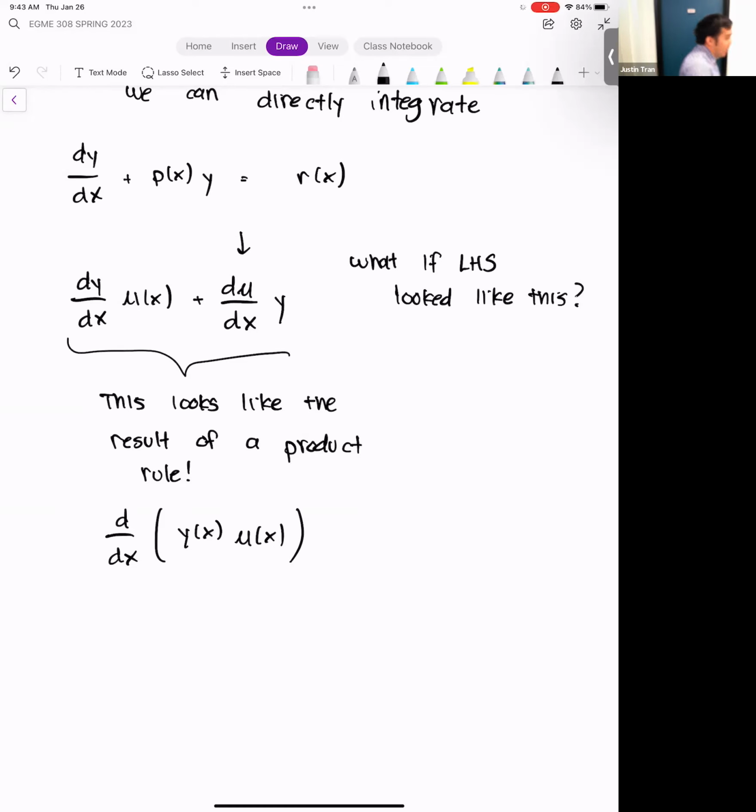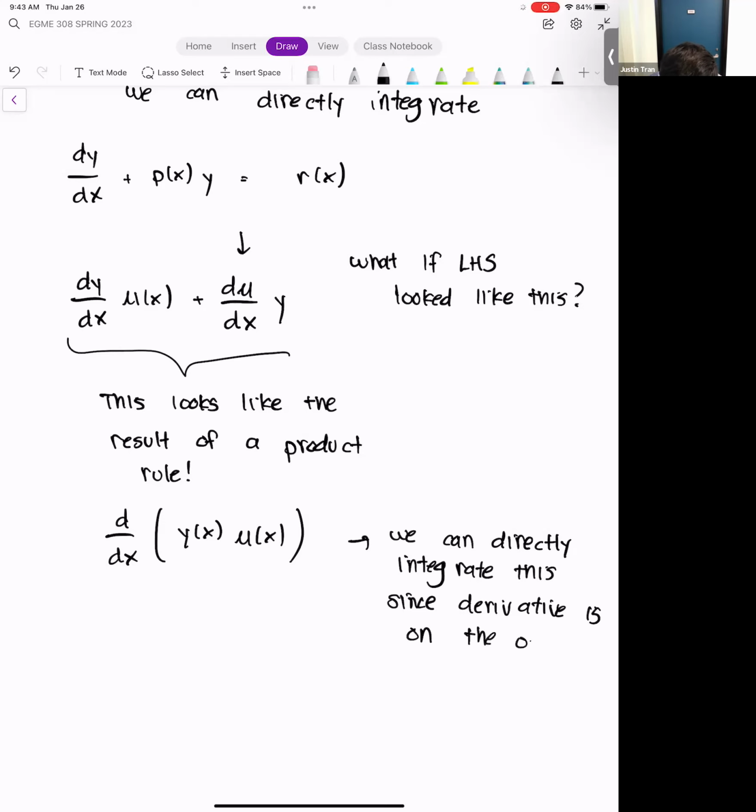And what's nice about this? What's nice about this product rule form is that we can actually directly integrate this.